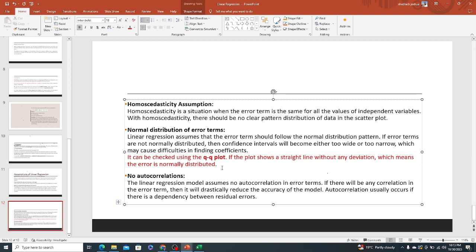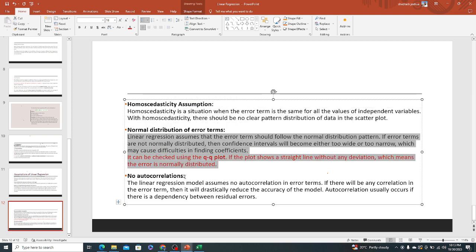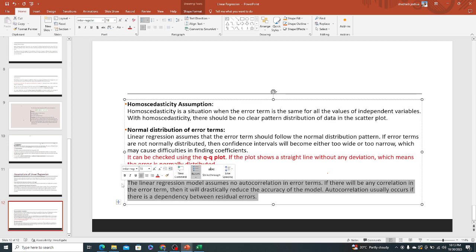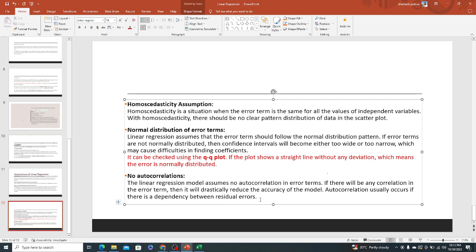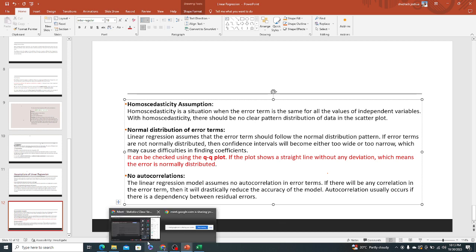So these are things you can do before you make your conclusions, also to check if the model is actually a linear regression model.